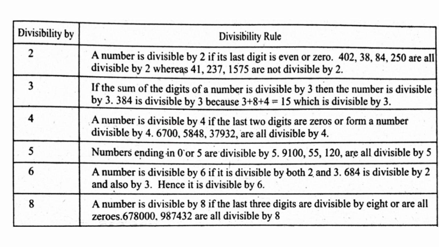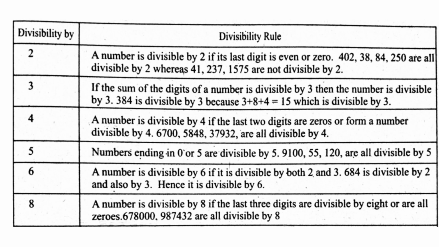The second rule is that the number formed by the last two digits of that number should be completely divisible by 4. Then only that number will be divisible by 4 completely. So we have to take these two rules into consideration for 4.